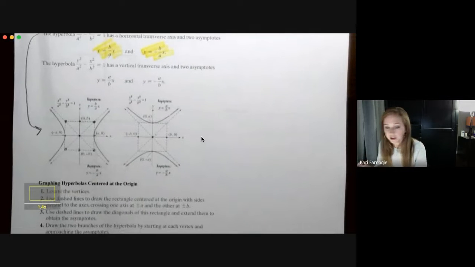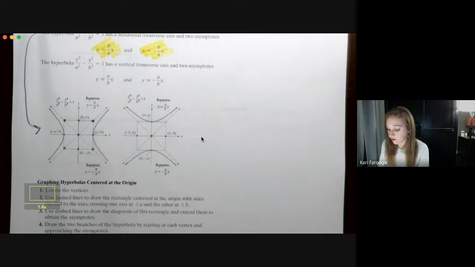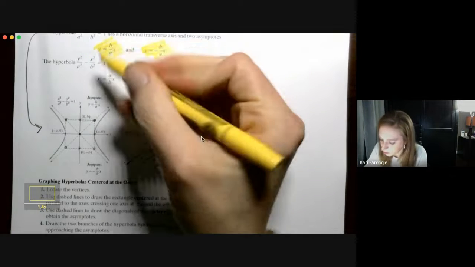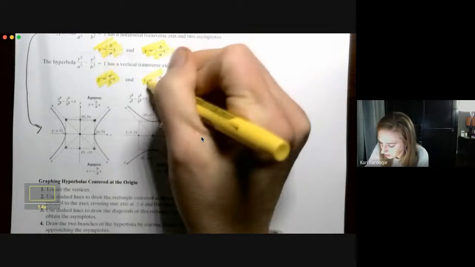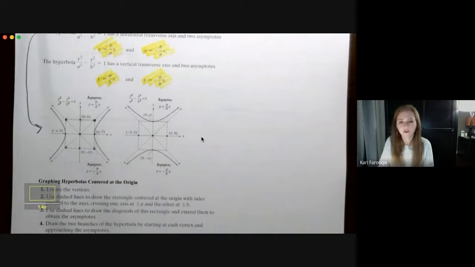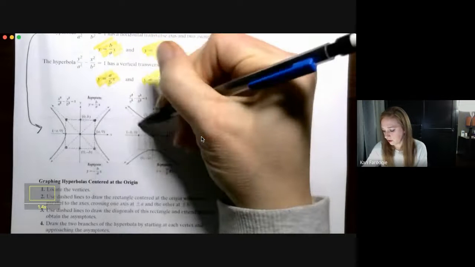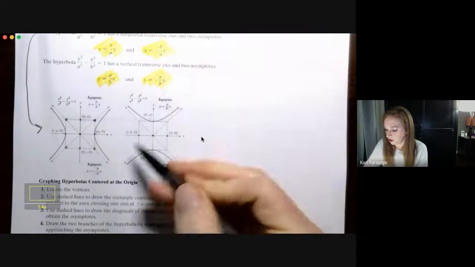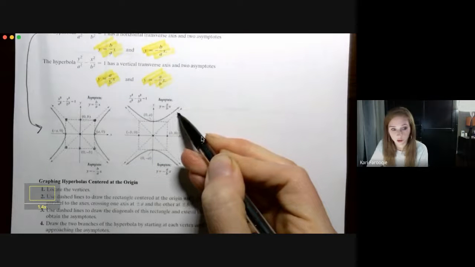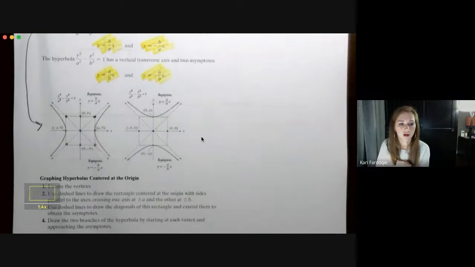All right, so same idea here if you have a vertical transverse axis. In that case, you have y equals a over b x and negative a over b x. Remember, of course, the negative one is the one that goes down from left to right. So this would be the negative equation. That would be the positive equation as it moves up from left to right.